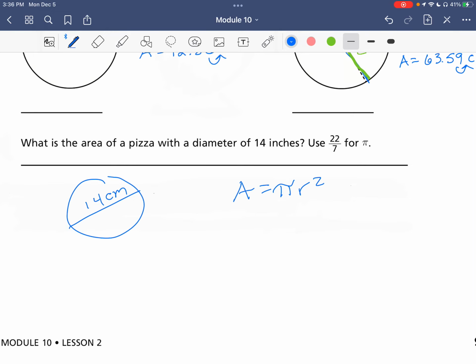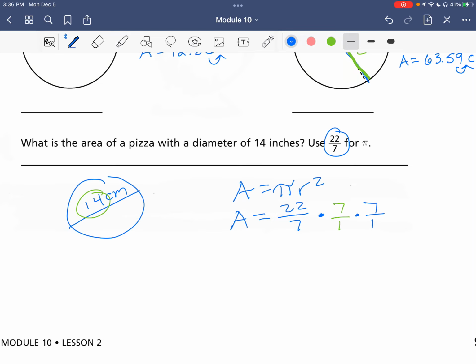Area equals 22/7, because that's what they told us to use, times our radius. So we gotta take our diameter, cut it in half, so that's gonna be 7/1 times another 7/1.